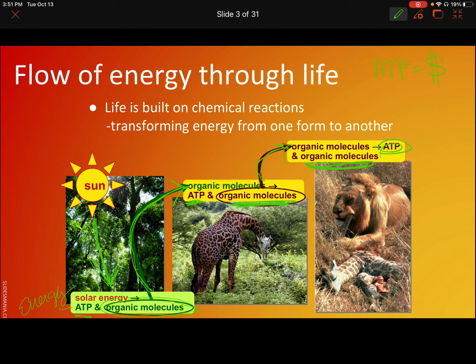The process continues over and over again, so you could have one carbon atom that started in a tree because it took in carbon dioxide, so it used to be in the atmosphere. That carbon atom can travel to this giraffe and then into this lion. And now this is where that carbon atom is.